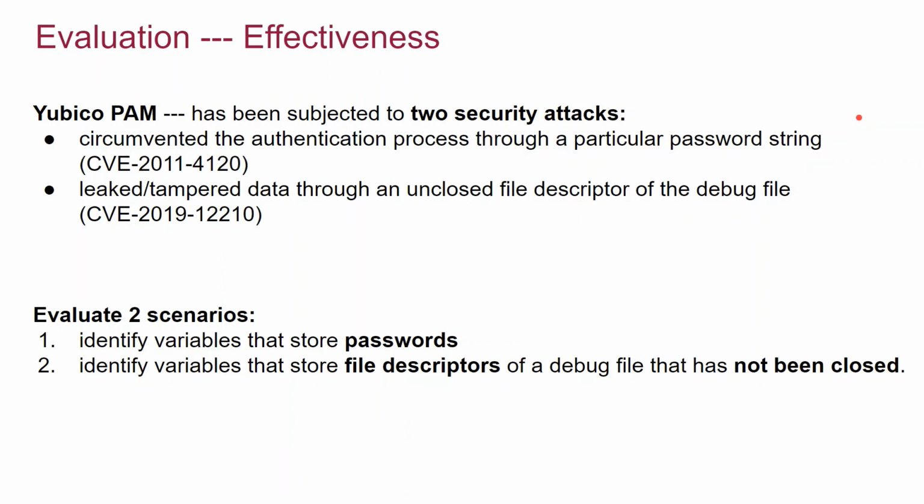To evaluate effectiveness, we found that a framework, UbicoPan, has been subjected to 2 security attacks. The first attack is that the attacker can exploit a particular password string to circumvent the authentication process. And the second attack is that the attacker can exploit an unclosed file descriptor to leak or tamper with data.